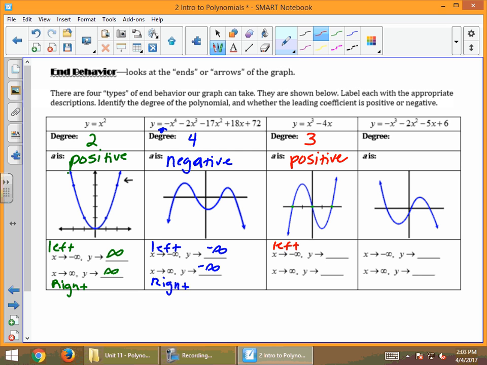Up or down? Down, towards negative infinity. And then we look at the right side of our graph, pointing up towards infinity. Okay? And that is true for any odd positive function. So the left side is always going to point down, the right side is always going to point up. Every time.